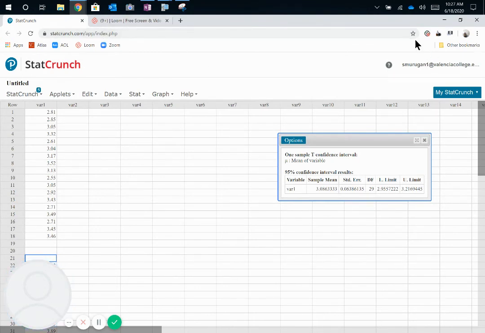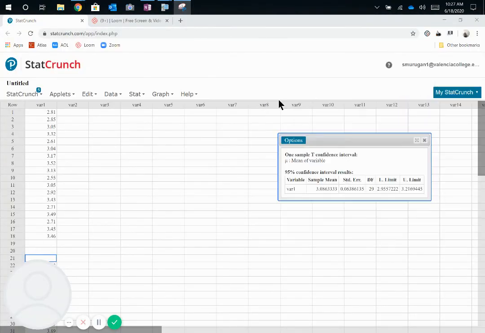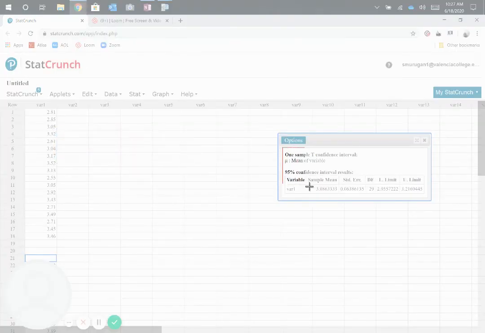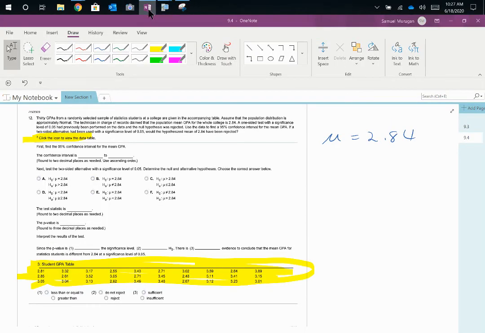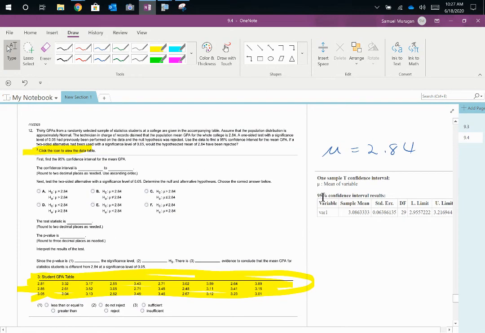Let's copy this and paste it over. All right, so we've got the confidence interval here to two decimal places: 2.96 and 3.22.